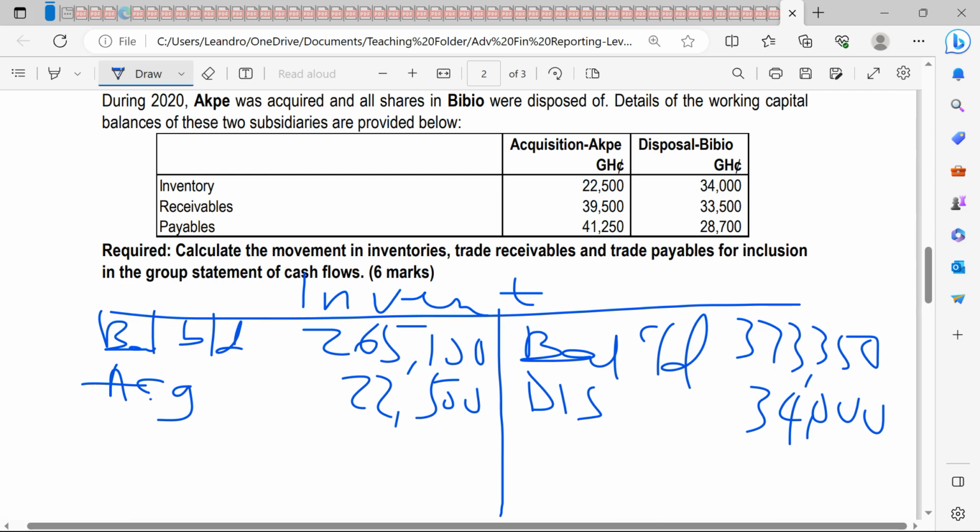Now you strike the difference between these two balances. You can see that the credit side is higher than the debit side. So you have your cash balance here, which means you used cash to acquire more inventory. So there is an increase in inventory. An increase in inventory means a reduction in cash because you have acquired more inventory.